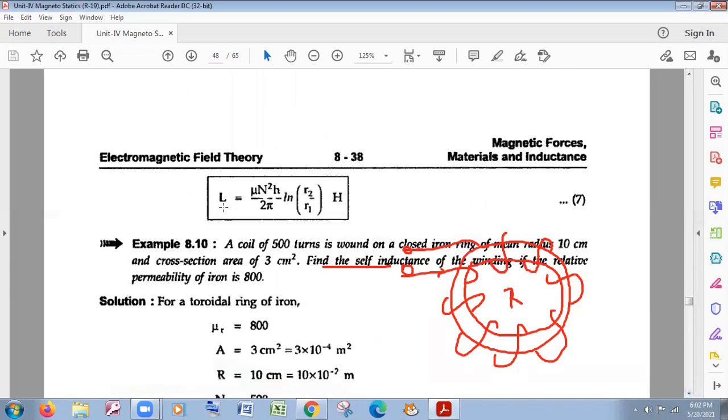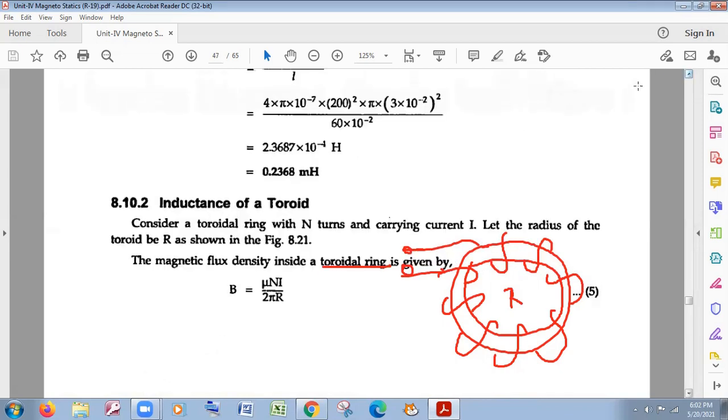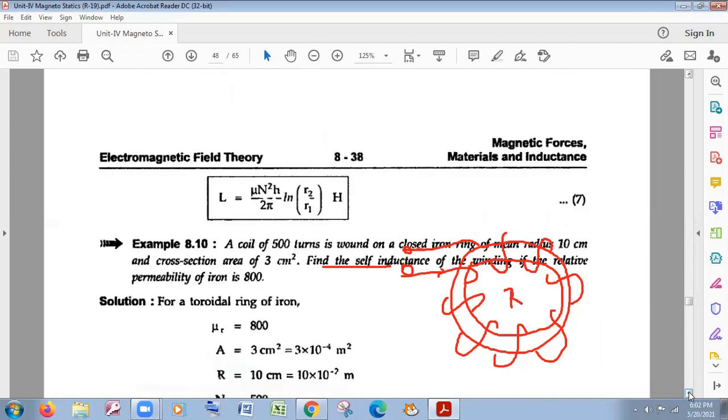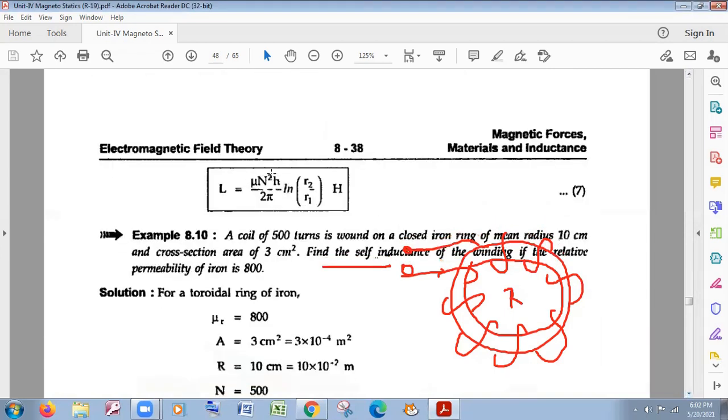So we got L equal to mu N square h by 2 pi ln of R2 by R1, which is the inductance of the toroid ring.